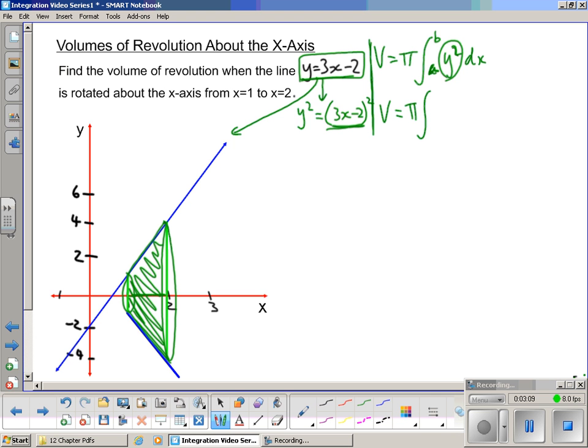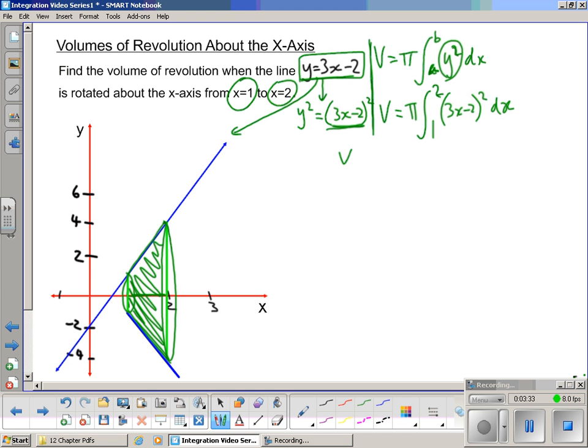Now the question gives us the two x values that the rotation is happening between, so we've got 2 and 1 indicated there. Instead of y squared, we're going to put 3x minus 2 all squared. That's the expression for y squared dx. Then we launch into an integration.